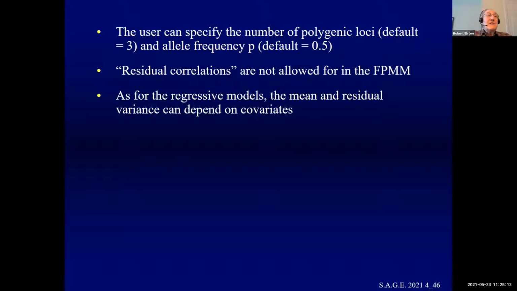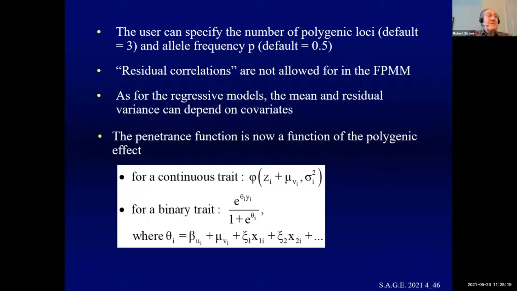As for the regressive models, the mean and residual variance can depend on covariates. The penetrance function is now a function of the polygenic effect. For a continuous trait, you just have this normally distributed U, but now it's got this added on, the mean of the polygenic number, and you have some variance.